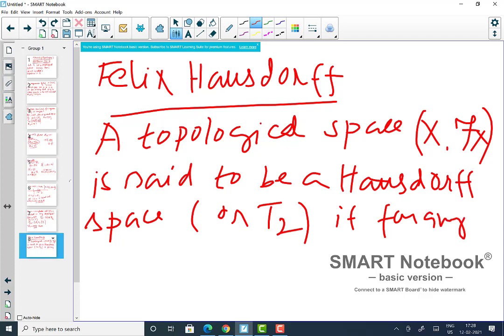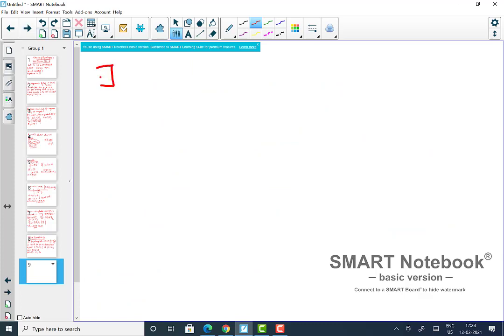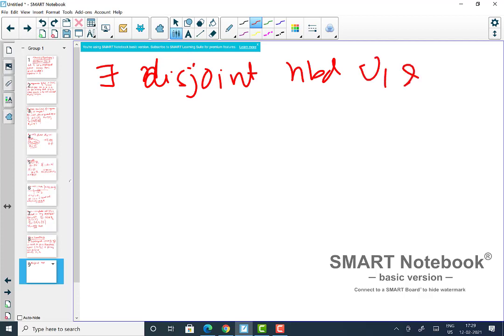for any two distinct points, for example x1 and x2, where distinct means they are not equal, there exist disjoint open neighborhoods U1 and U2 of x1 and x2 respectively.